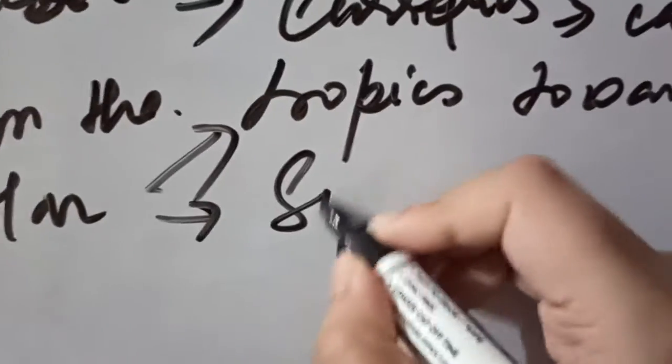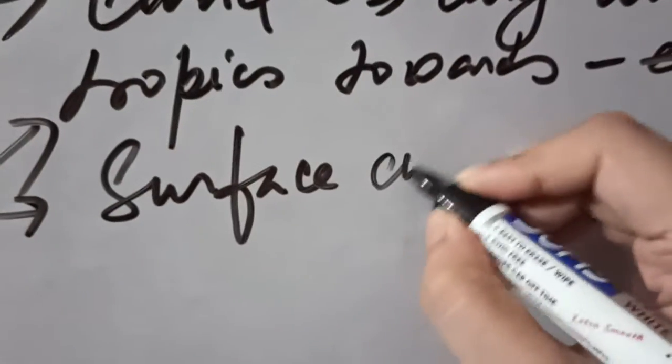Okay, so as the surface current, you all know that the warm ocean current is also known as the surface current.